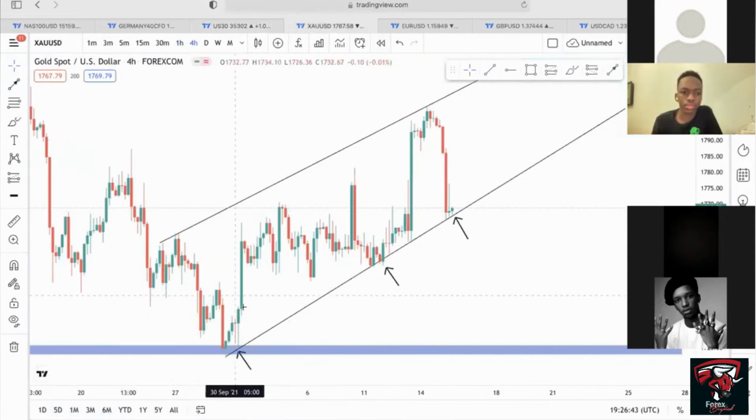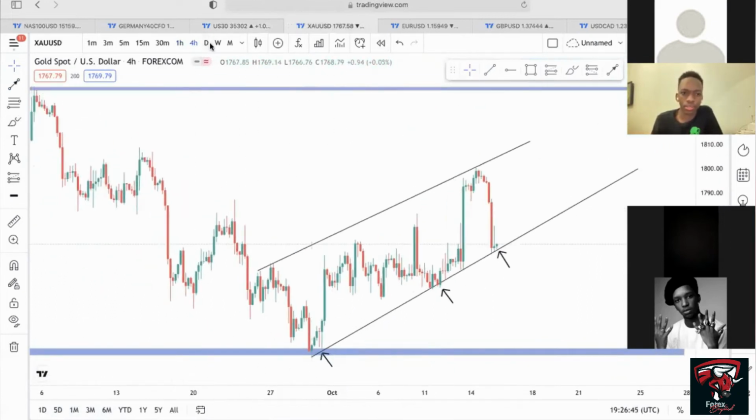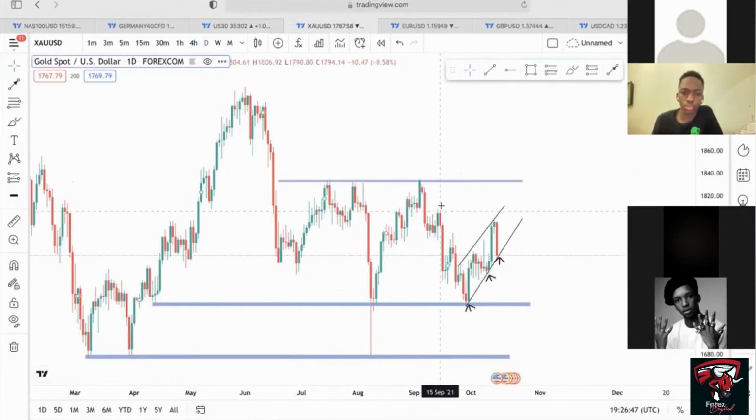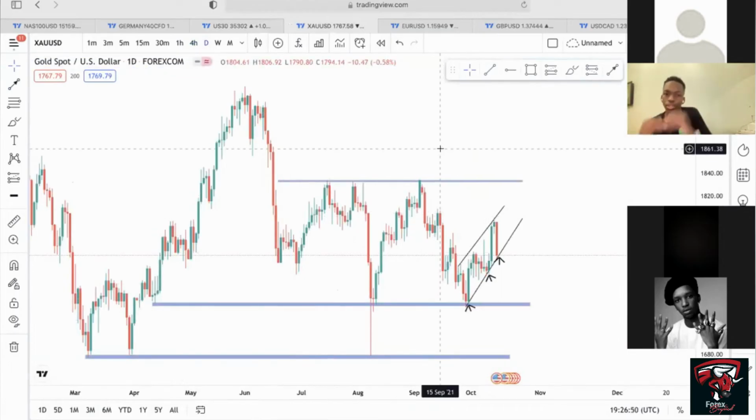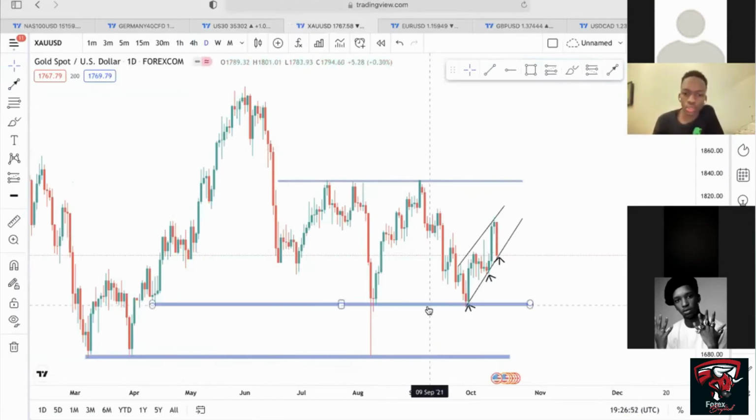Okay, gold. Guys, gold is literally moving between these two zones that are true from 2 to 3 weeks ago. Just that now gold isn't moving as impulsively. Let me just delete all this.